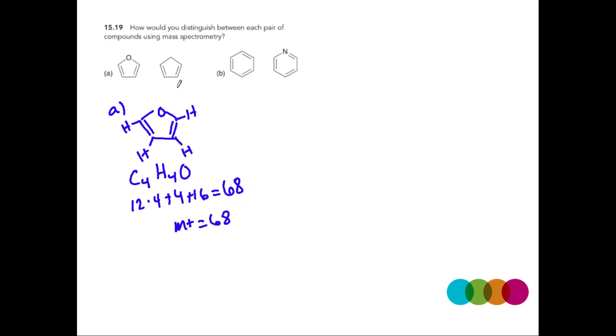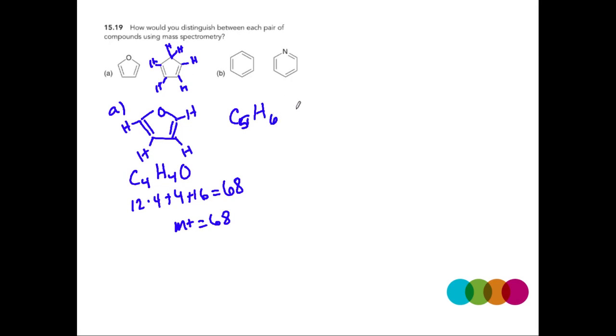So what about cyclopentadiene here? Cyclopentadiene has 2 hydrogens on this carbon, because this one's sp3 hybridized, and 1 hydrogen on each of those other carbons. So its molecular formula is C what? 5: 1, 2, 3, 4, 5. H what? 1, 2, 3, 4, 5, 6.